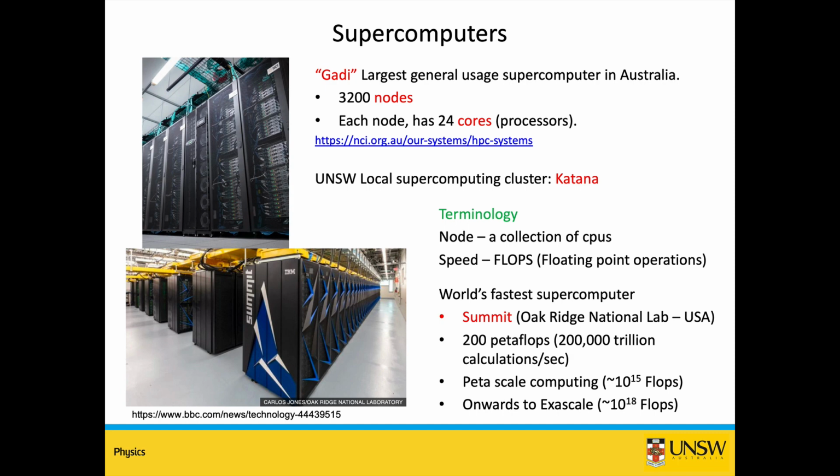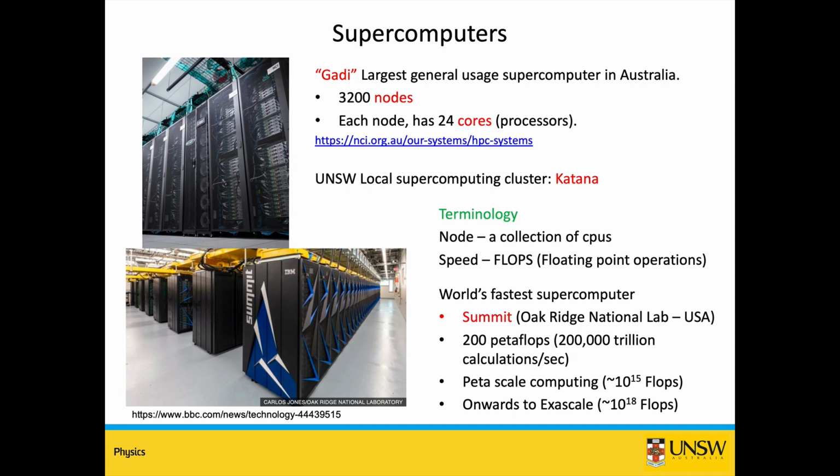And what is the state of the art in these machines? The world's fastest supercomputer is located in the Oak Ridge National Lab in the USA. It's called Summit. And its speed is about 200 petaflops. That means 200,000 trillion floating point calculations per second.